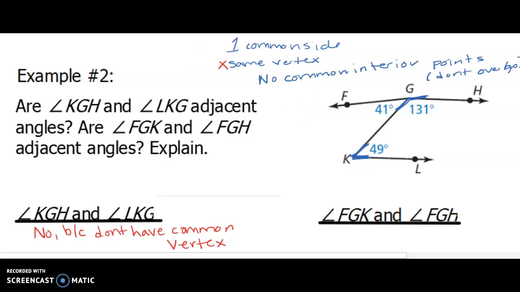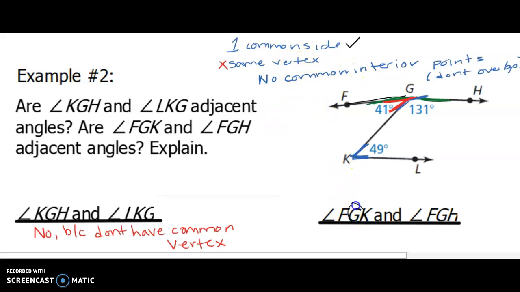All right, let's look at angle FGK. So FGK is this angle here in red, and FGH, which is this entire angle, okay? Well, let's look at these to see if these are adjacent angles. So do they share a common side? Well, both of them have FG as a common side, so yes. Do they share a common vertex?